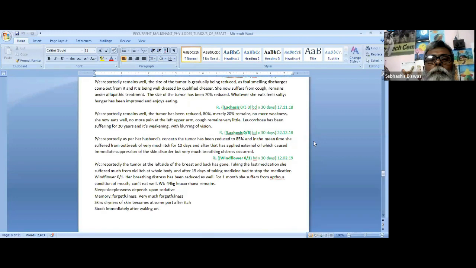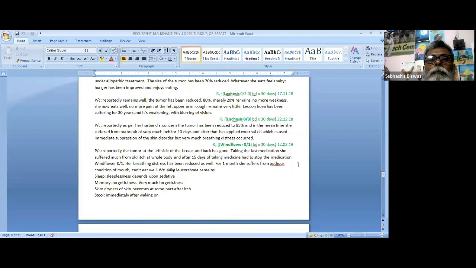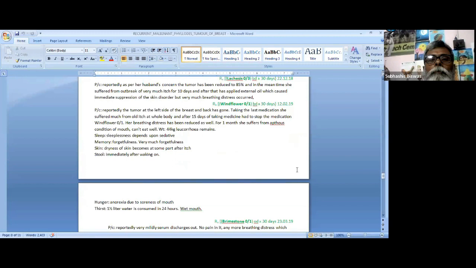When the breathing distress appeared, I gave her Pulsatilla 0/1, wind flower 0/1, within 30 days, on 2nd December 2009. In the next visit, the tumor at the left side of the breast and back had gone.